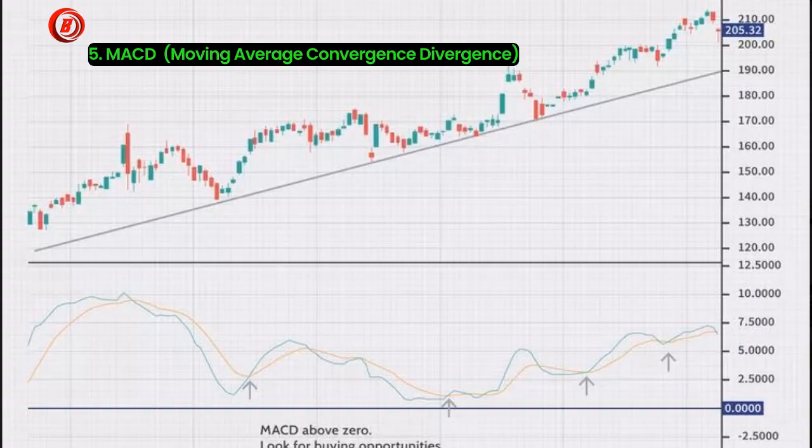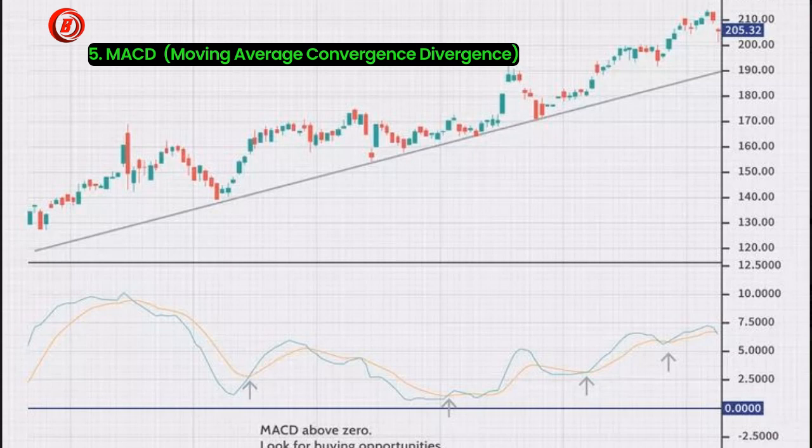If the MACD is below 0, it has entered a bearish period. The indicator is composed of two lines, the MACD line and a signal line, which moves slower. When MACD crosses below the signal line, it indicates that the price is falling. When the MACD line crosses above the signal line, the price is rising.